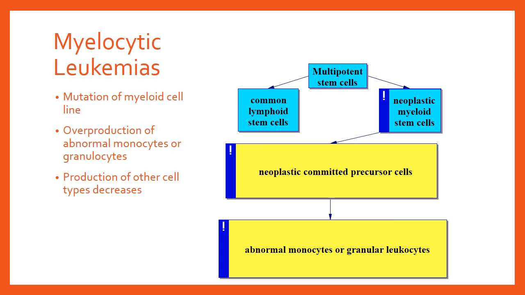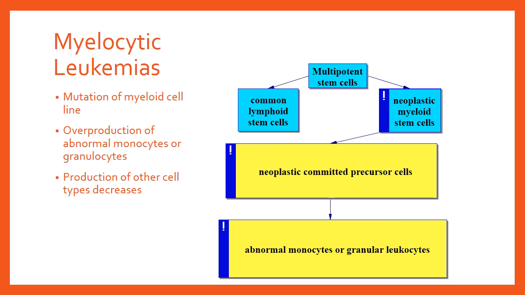The little exclamation point represents the malignancy on this diagram. So lymphoid stem cells will hopefully be normal, but the myeloid stem cells will give neoplastic precursor cells with all their respective commitments, and eventually this will result in abnormal monocytes or leukocytes.